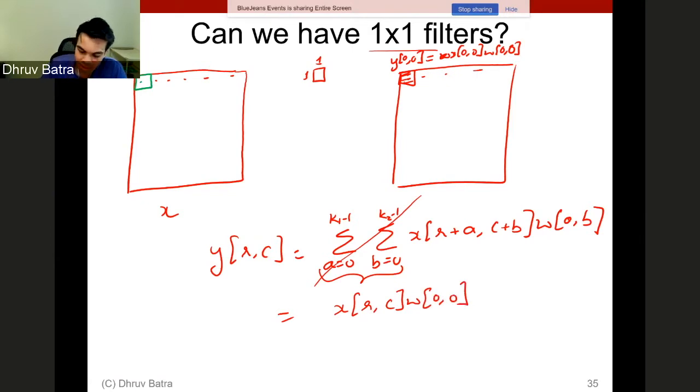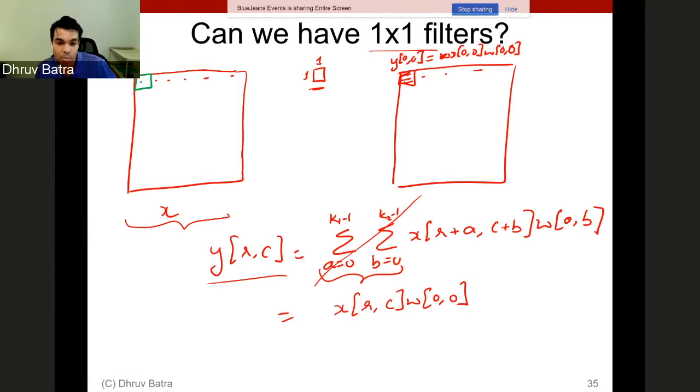So it's basically take your input X, there is a scalar, multiply every pixel by that scalar, and that's how you get that output. So one-by-one convolutions don't make any sense. You don't need to implement them as convolutions. You just write them as for loops, or you're basically multiplying every pixel by a scalar.